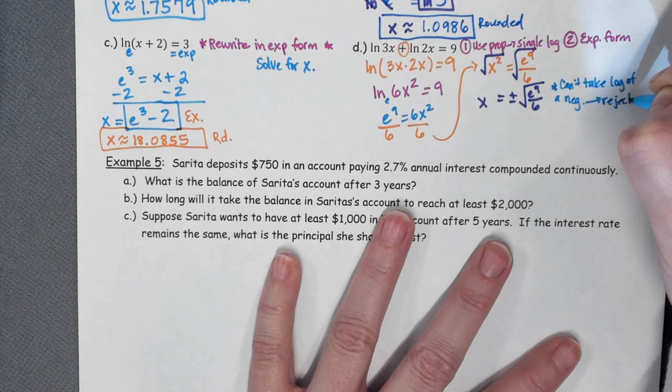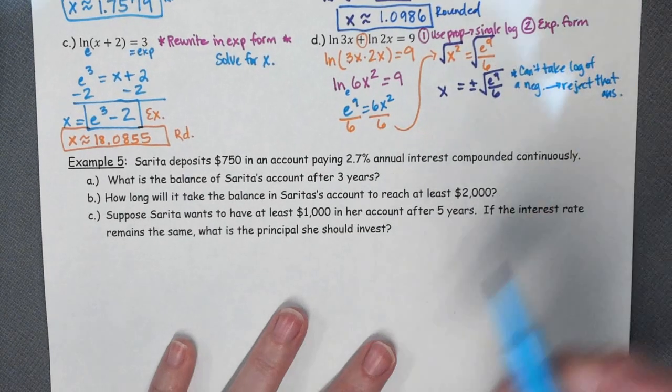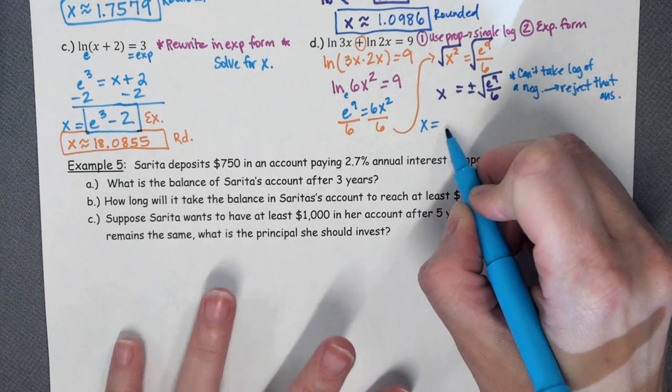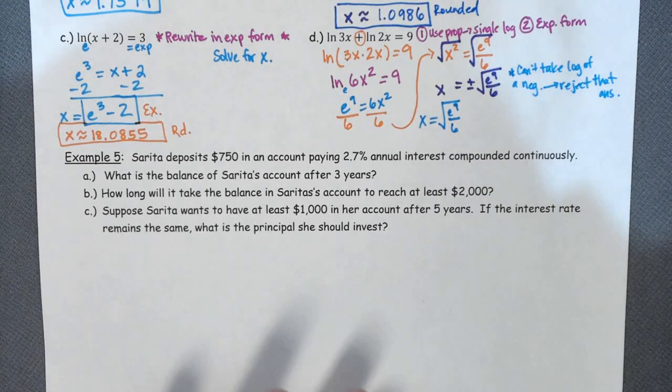So we reject that answer. When you are writing it as the exact value, you don't have to simplify that part. You can write it just like this.